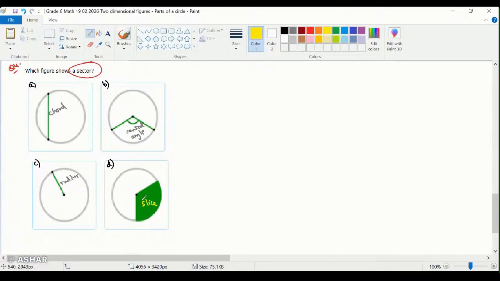This is a piece of slice, and that slice is always known as a sector. Agreed? Okay. Please do try to complete the remaining questions. Very simple questions. We just need to select which diagram refers to what they're asking us in the question.